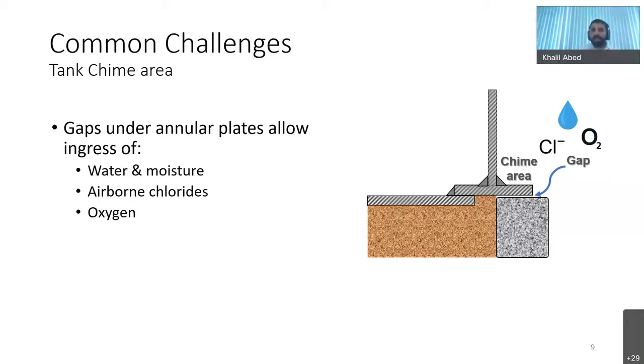The gap also allows for the diffusion of airborne chloride, especially for facilities located in coastal areas, where airborne chlorides and other corrosive ions can diffuse from the ambient atmosphere or the surrounding environment into the under-tank environment.